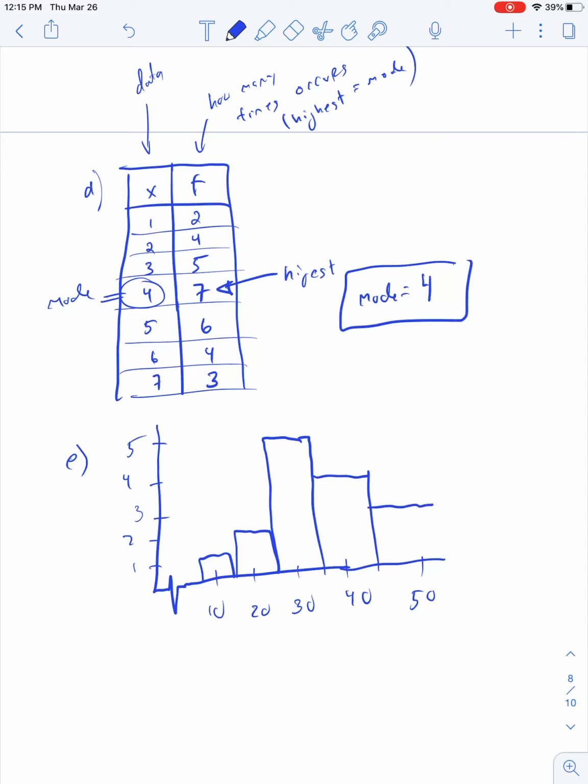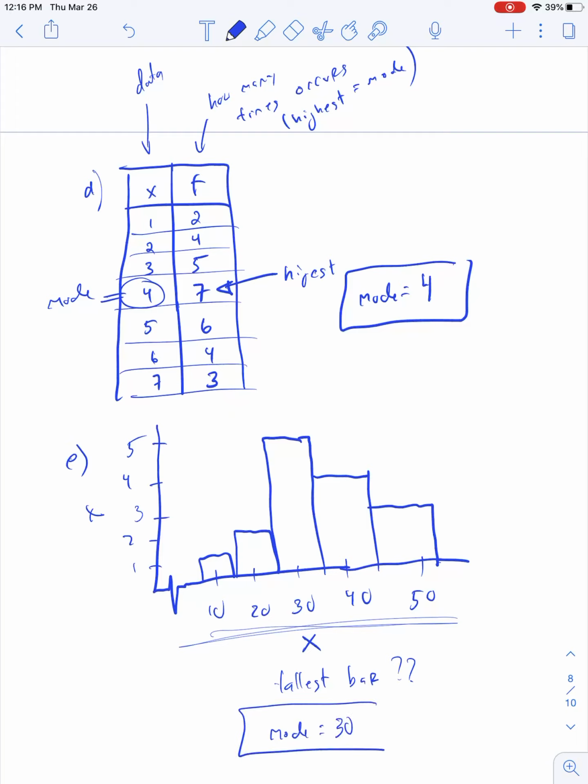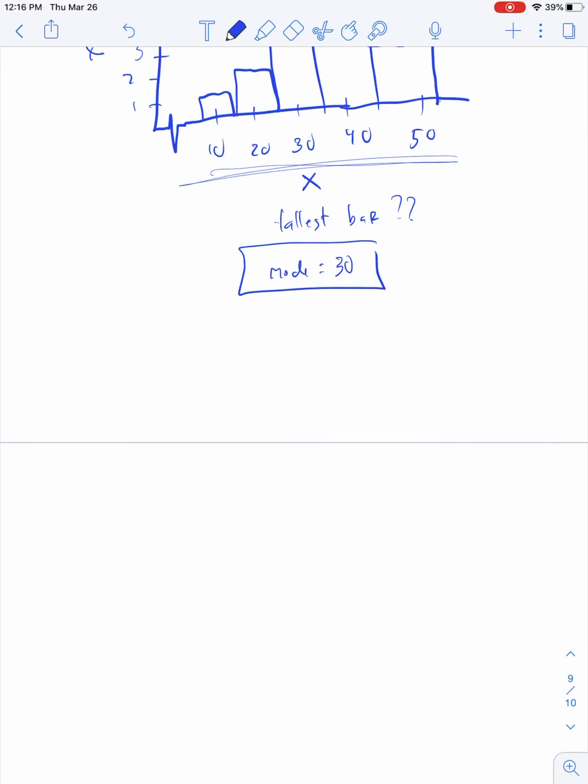How about 4 times? How about 3 times? Once again, this is our data. This is the frequency. So it's going to be one of these answers. It's just which one is the tallest bar, right? So here, our mode is 30. So some nice examples of the mode.